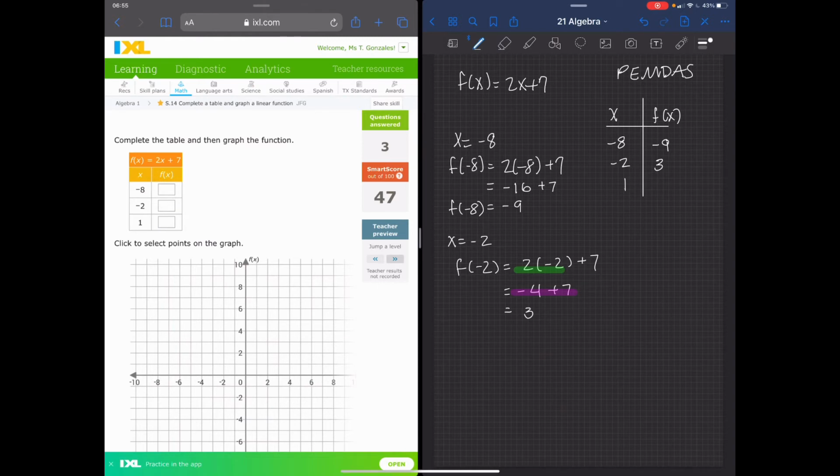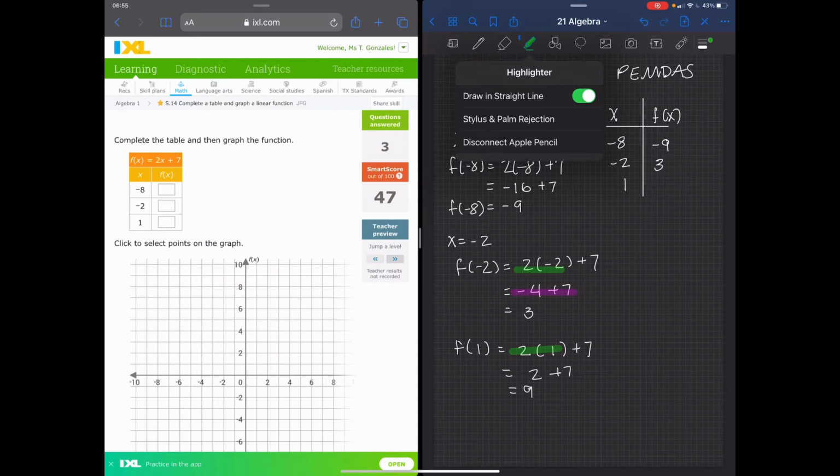And then lastly, f of 1 equals 2 times 1 plus 7. 2 times 1 is 2 plus 7 equals 9. And to look at the operation again, what we did is we multiplied 2 and 1.